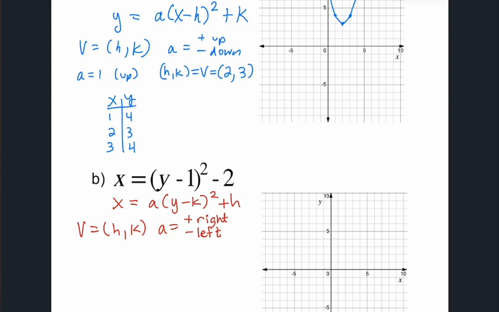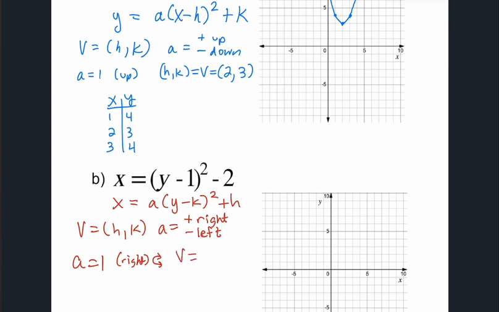So then let's pull out the information that we have about this particular parabola. Our a is 1 because we don't see it. That's a positive number, so we should expect that it opens to the right. When I say open to the right, it looks like this, a parabola lying on its right side.